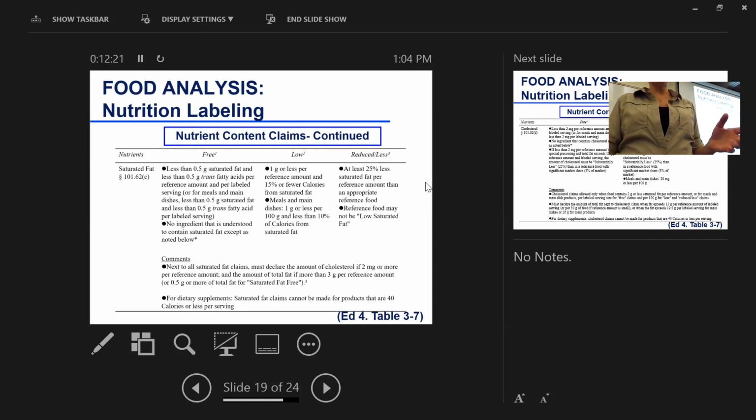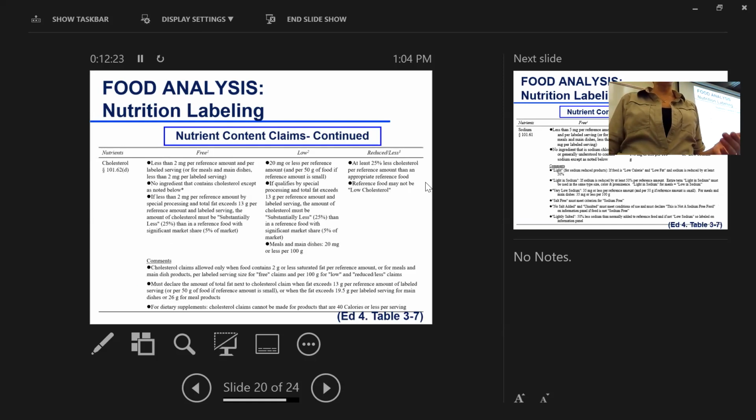So if you're making a claim for sodium, let's say you have a product that has the regular amount of sodium due to formulation, a certain amount of salt, but you produce the same product with a reduced amount of salt. It has to be reduced by a certain amount in order to claim it as low or reduced. Does that make sense?